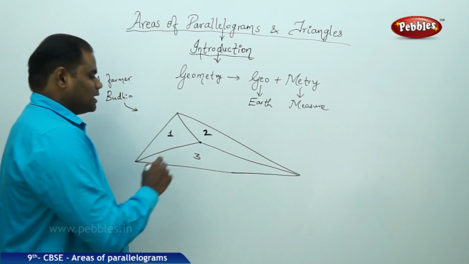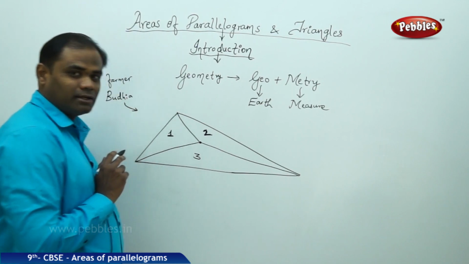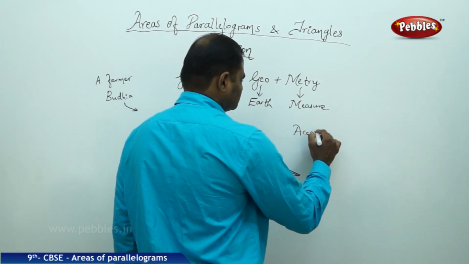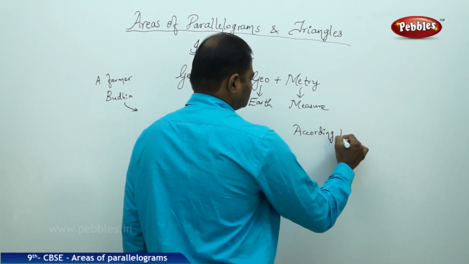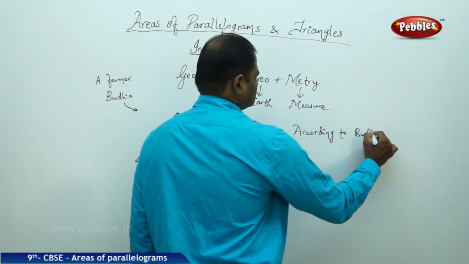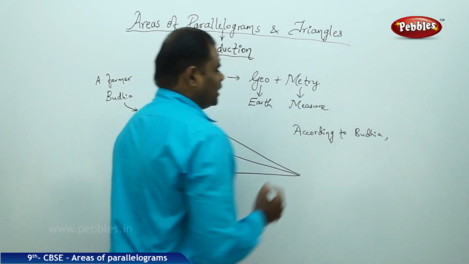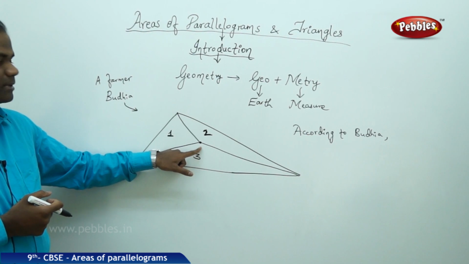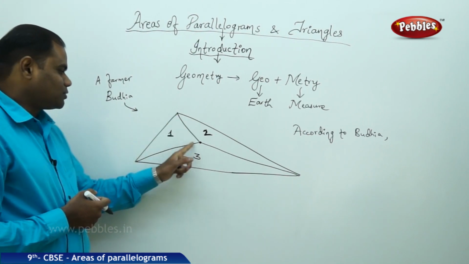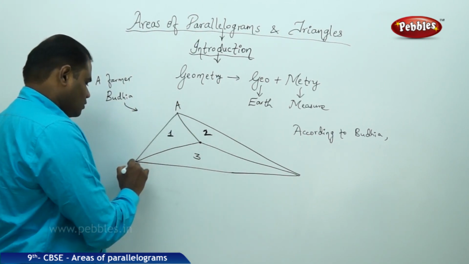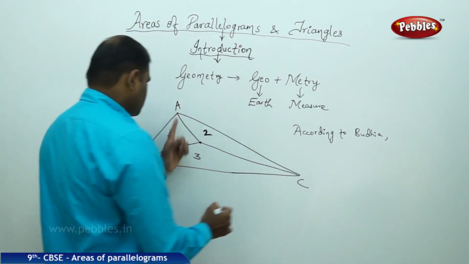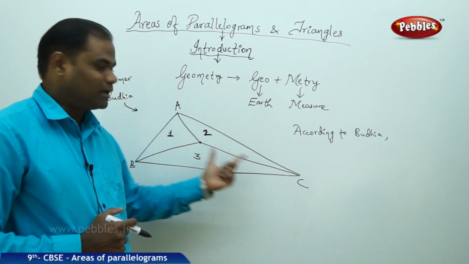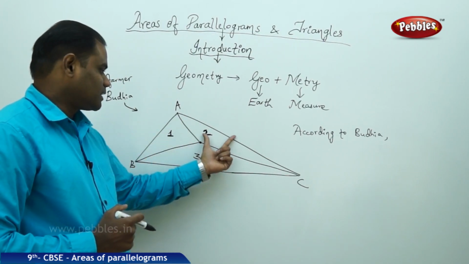Now he assumes that these three areas are equal. According to Budhia, his estimation is that cutting the land from the center, approximately, to each of the vertices A, B, C of his agricultural land divides the whole triangular piece of land into three parts: first, second and third.